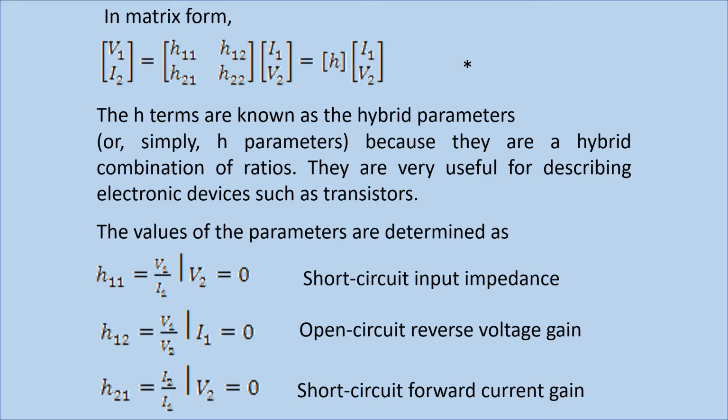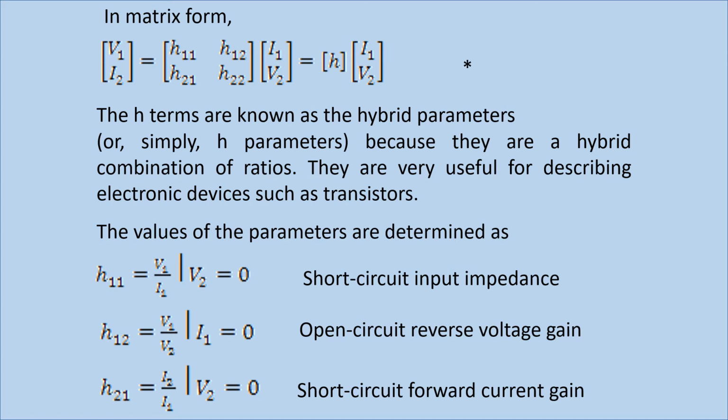Also, your open circuit reverse voltage gain, H12, will be equal to V1 over V2, input voltage over output voltage, provided that your input current I1 equals 0.